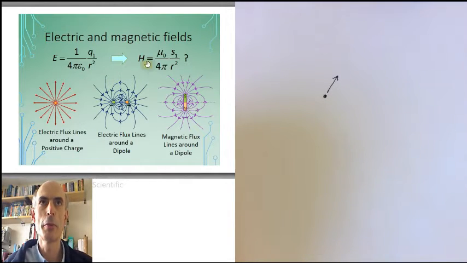There's an equivalent formula for magnetic fields in terms of these magnetic charges, which don't really exist in the same sense that electric charges exist, but they provide a very convenient mathematical technique for analysing magnetic fields.